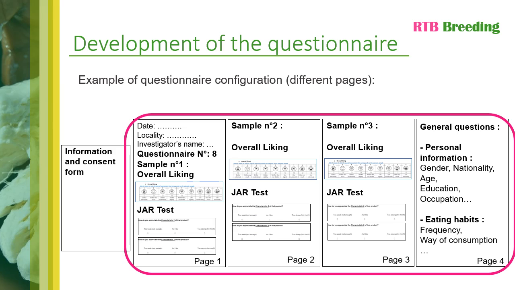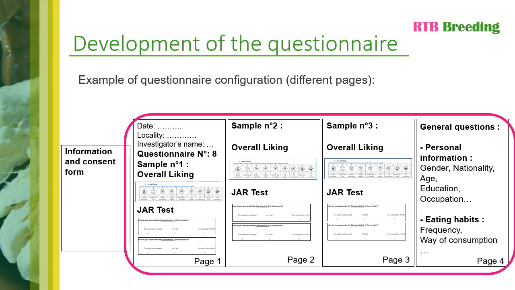On the second page are the overall liking and JAR test questions for the second sample, and on the third page are the overall liking and JAR test questions for the third sample to be tested by the consumer. Finally, the fourth and last page contains the general questions, with a section on personal information and a section on consumption habits.